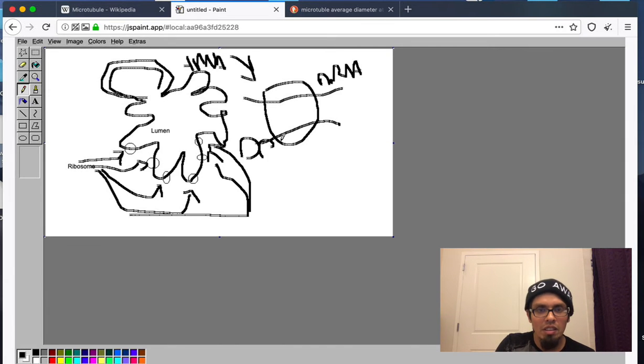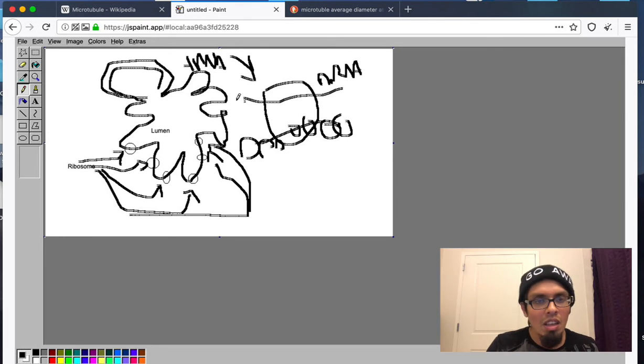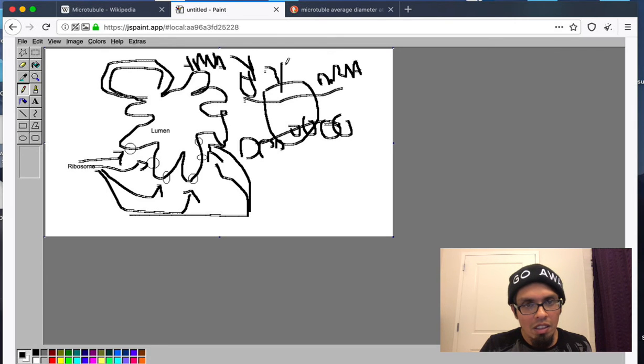So basically the mRNA gets read in like a ticker tape type thing, like your old tape machine, and tRNA adds amino acids at the addition site of the ribosome.